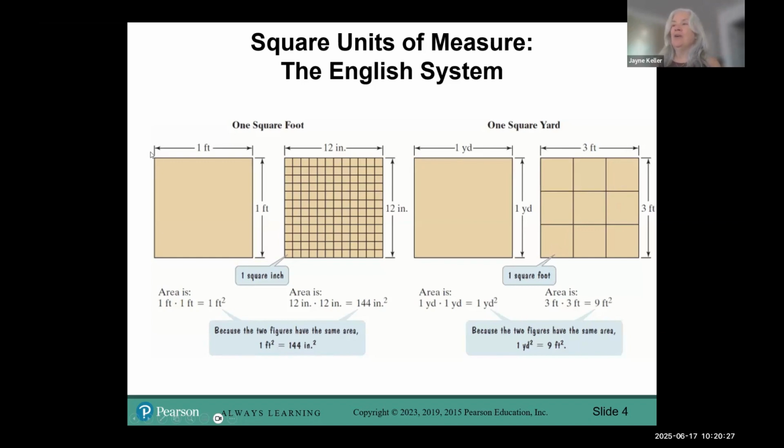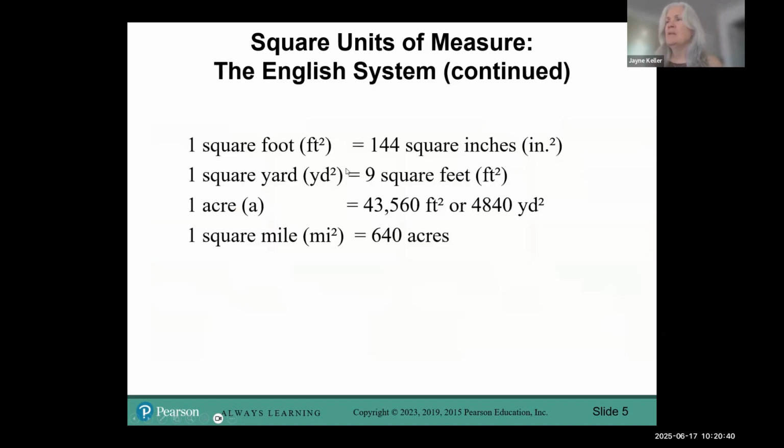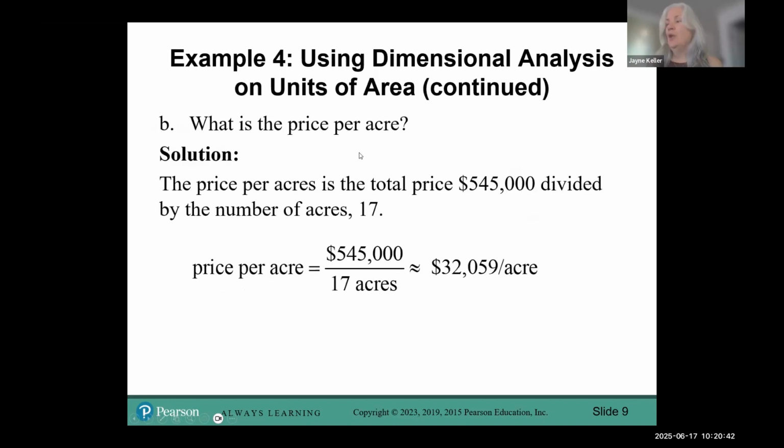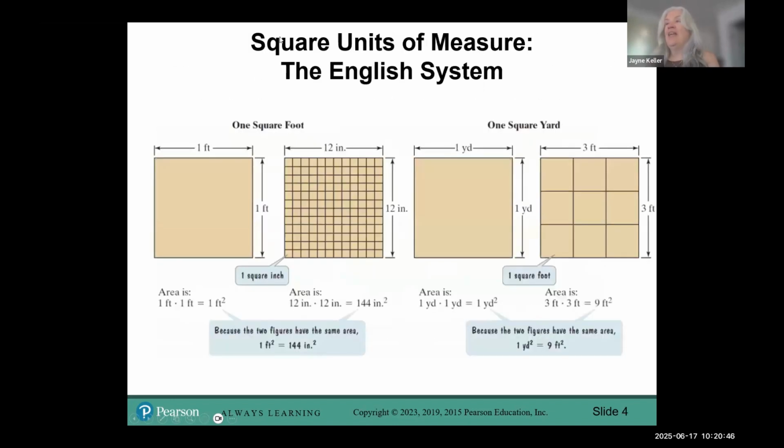Main thing to remember here is that when you're converting areas, don't forget. So when I do these, a lot of times I will just say I'm converting an area. In fact, let's see if there's one on our next slide. No. Well, then let's just do one. Okay.